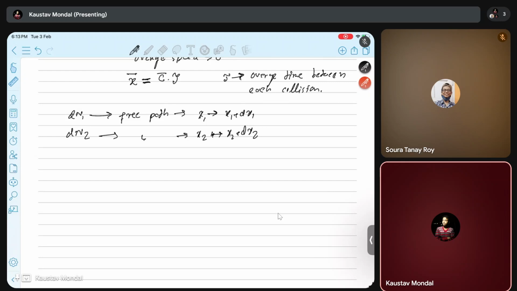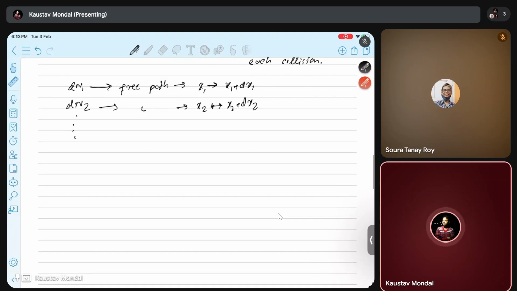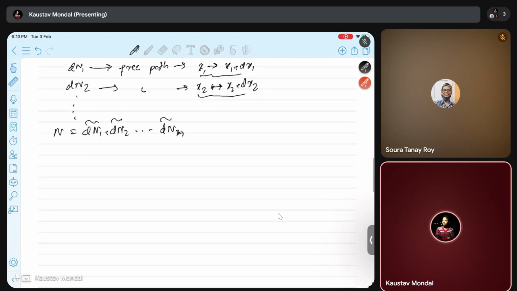Like this, if the total number of molecules is n, then n is the summation of dn1 plus dn2 up to dnn. Each fraction of the molecules has a free path from x1 to x1 plus dx1, or x2 to x2 plus dx2, and so on.